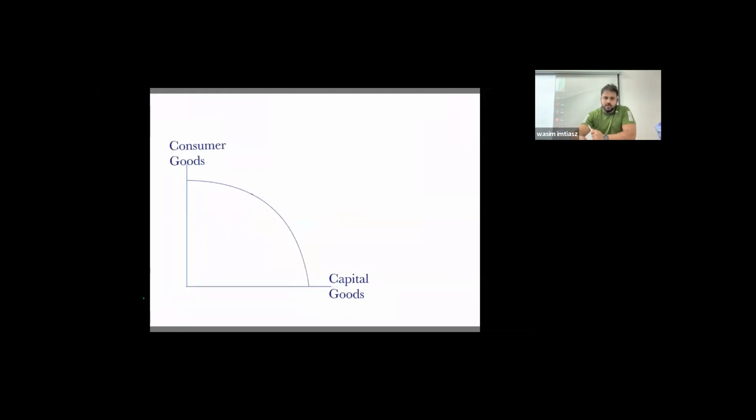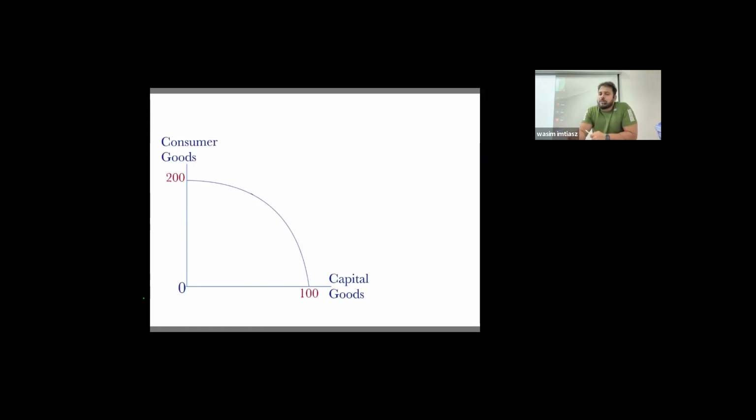Okay, this is the next important thing. Now, PPC and opportunity cost, another highly tested area in every shift. These are capital goods and consumer goods. Example: you can produce 100 capital goods and 200 consumer goods.